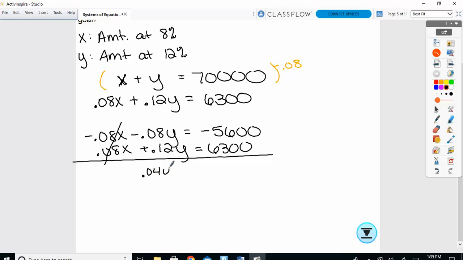So we get 0.04y equals positive 700, divide, 17,500. You guys checking my math?